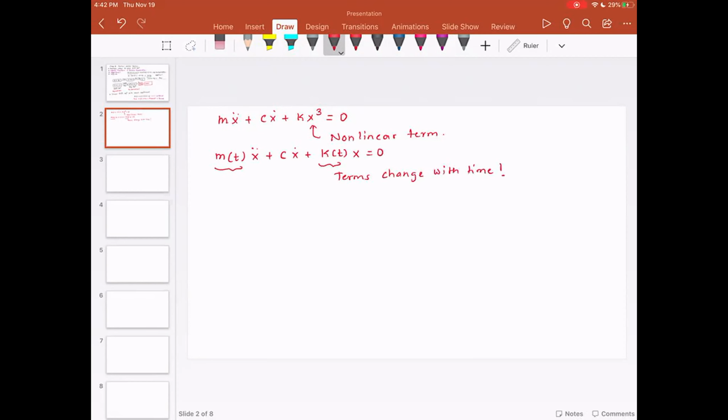Laplace transform cannot solve equations where the coefficient is changing with time. So if you have differential equations like these, you have to use a different technique. So no Laplace transform.